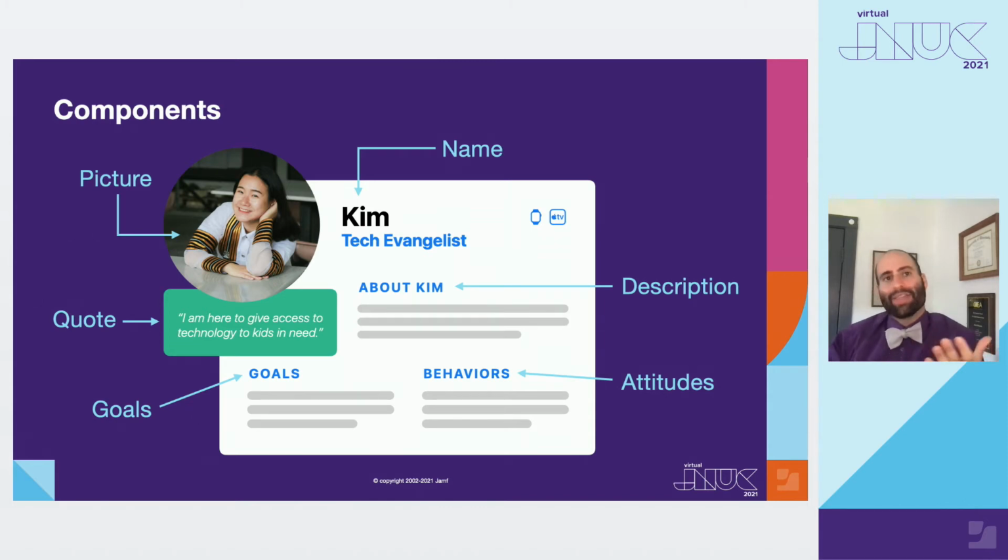Again, there are lots of different answers to what components a persona could have. But pretty common ones are a picture, a name, a description, a quote, goals, and attitudes. Things they do, things they care about.